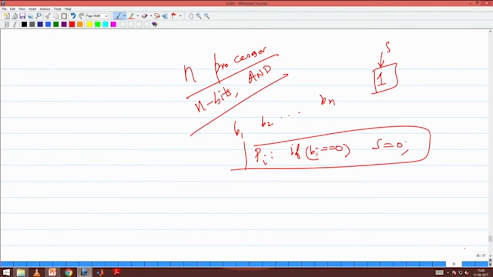So what sort of PRAM model will this algorithm require? Exclusive, right? Concurrent, right?